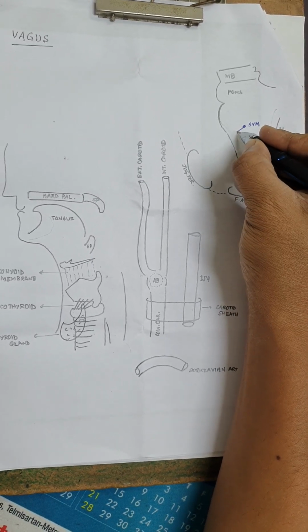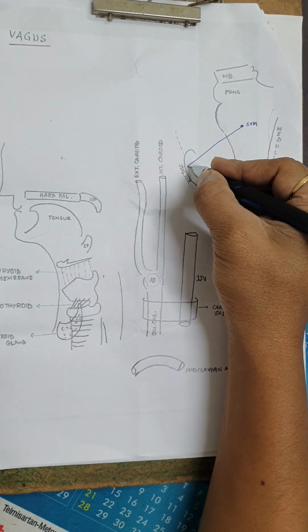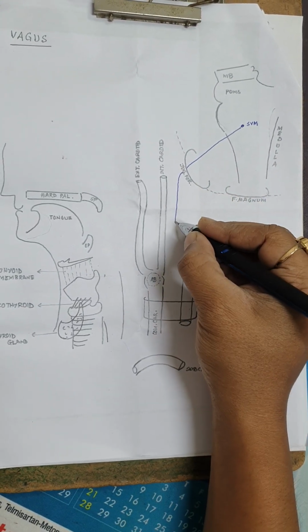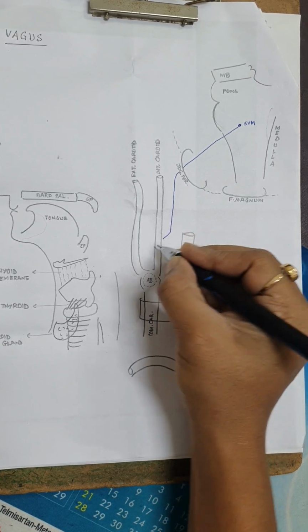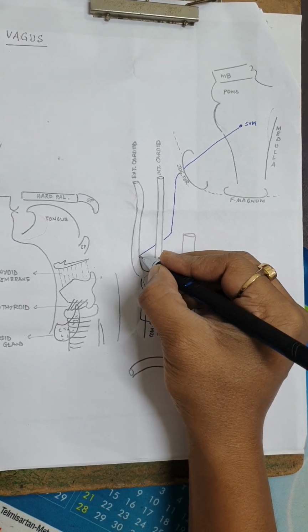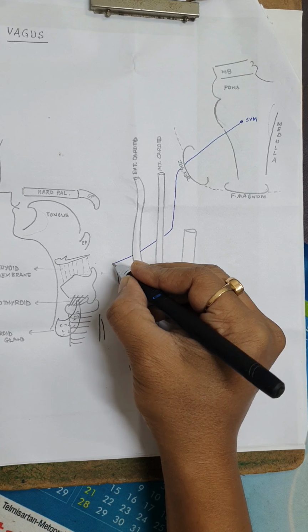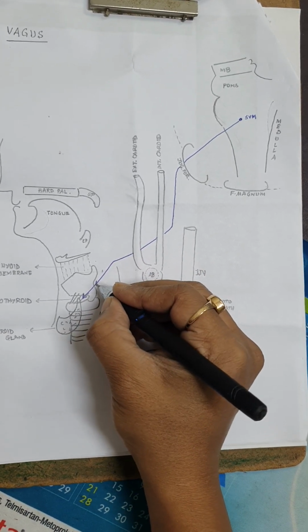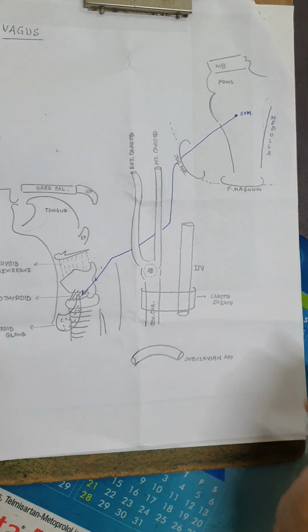So let us trace the fiber. It is going to supply the cricothyroid muscle. This is our brachiomotor fiber.